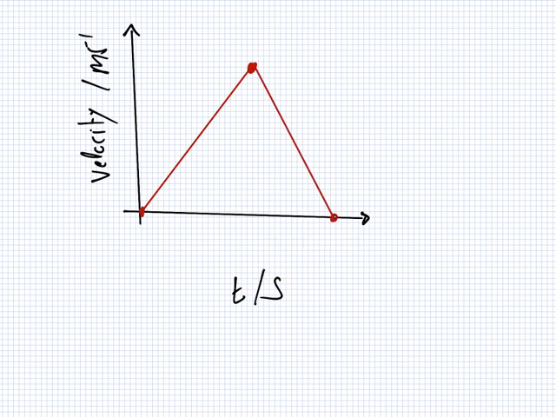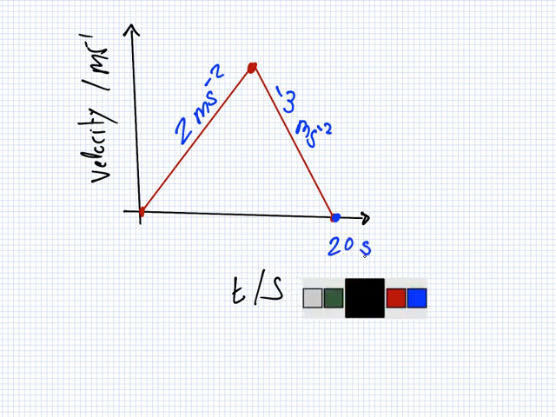Okay, and I'll say this acceleration is 2 meters per second squared, and we'll say this one here is a 3 meters per second squared deceleration, so we'll say minus acceleration there. I'll also tell you the total time is 20 seconds. And my question is, what is the V, the maximum velocity in this graph? Okay, let's see if you can do this.